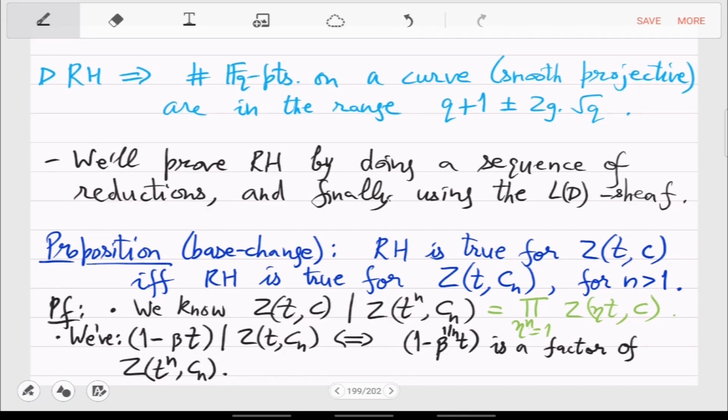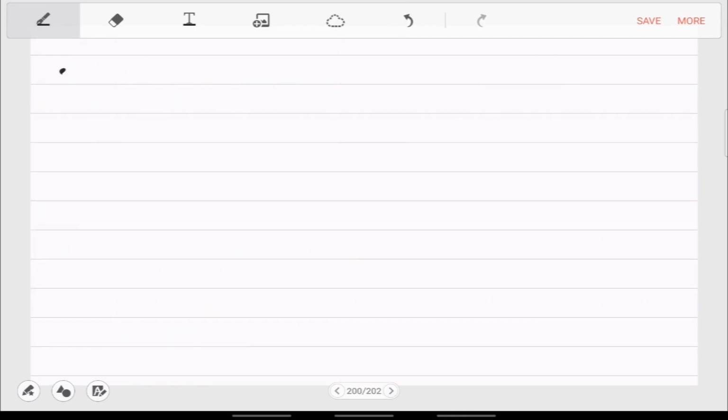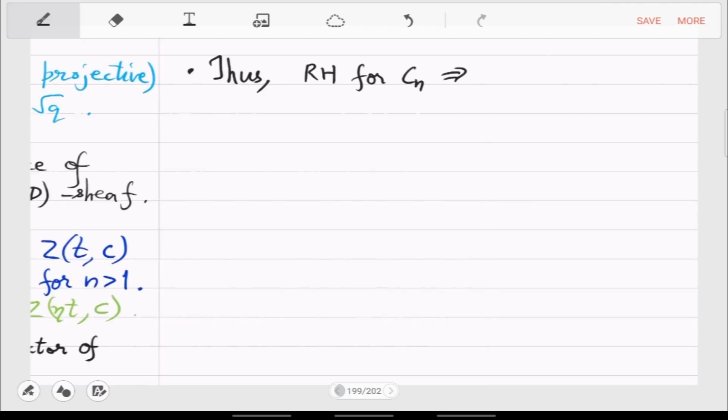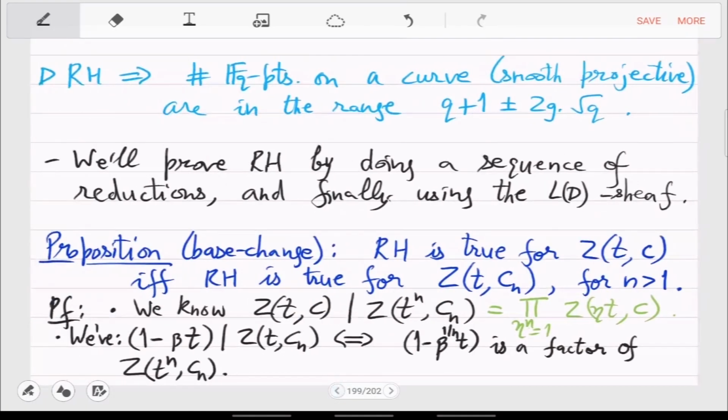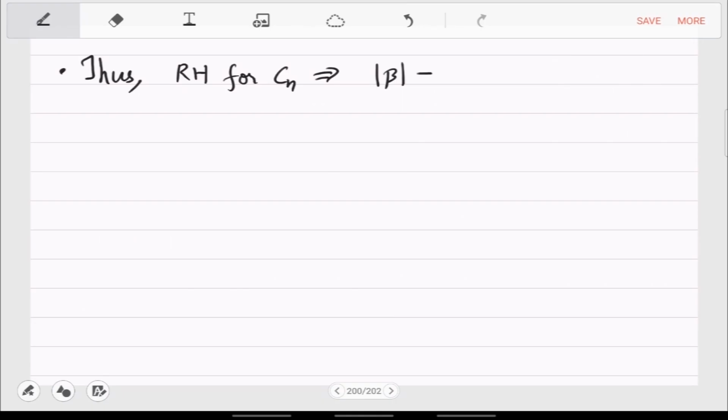Okay, so thus Riemann hypothesis for C_n would imply that, sorry, beta first, beta has absolute value q raised to n by 2, which will mean that beta to the 1 by n is equal to square root q.